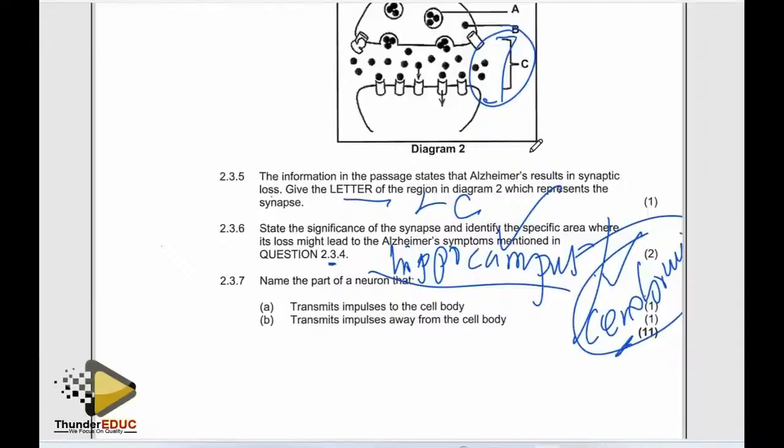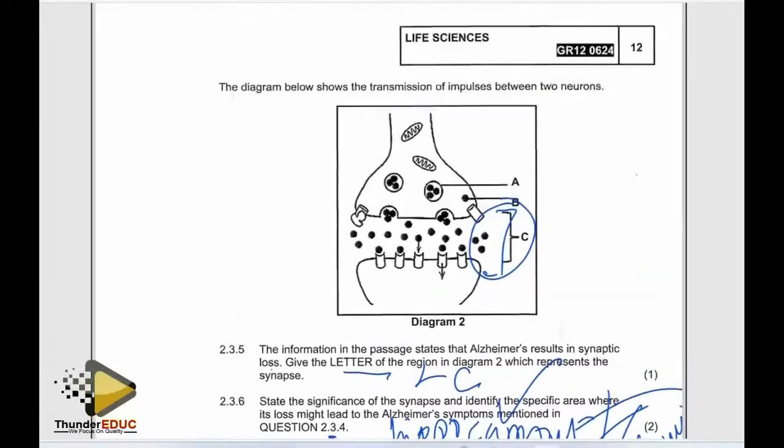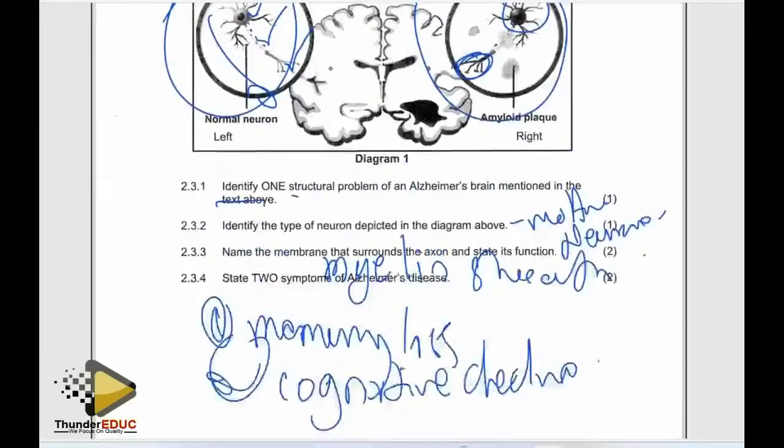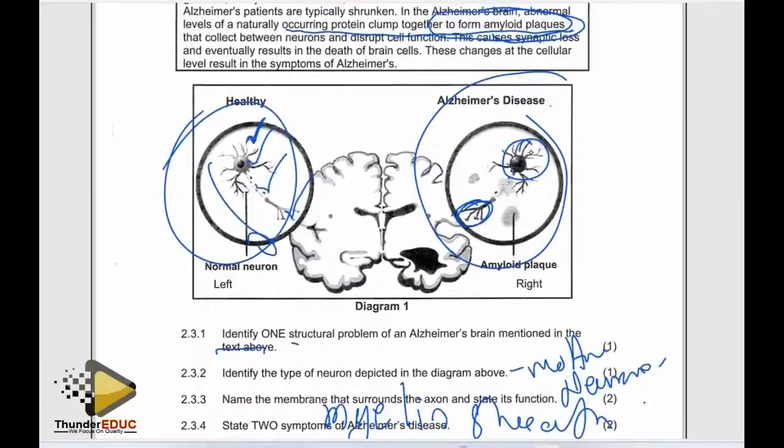All right. Name the part of the neuron that transmits impulse to the cell body. We have just read. How does the impulse flow? Sing with me.